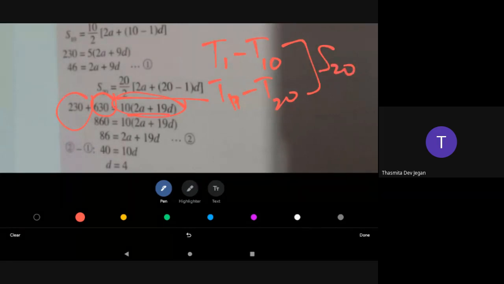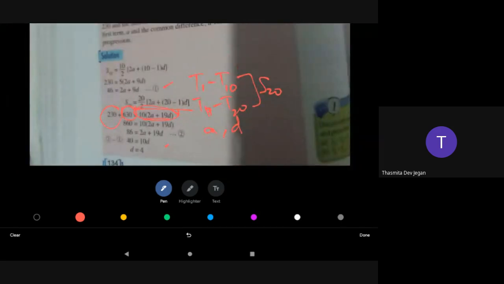So we can find the values of a and d by using simultaneous equations. We have S10, then the second one from S20. So we can get d, and we can also get a.